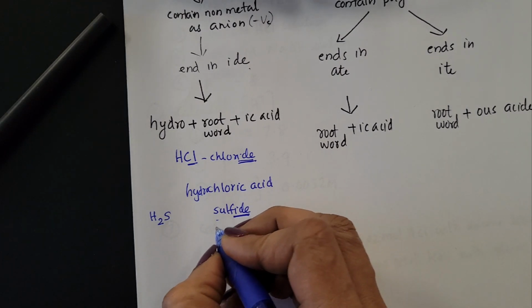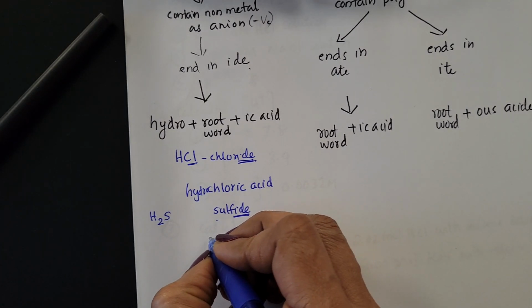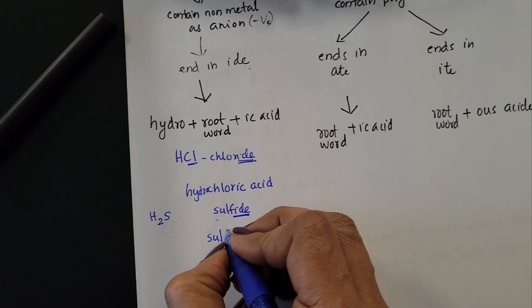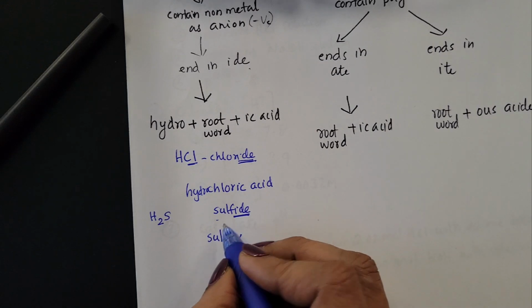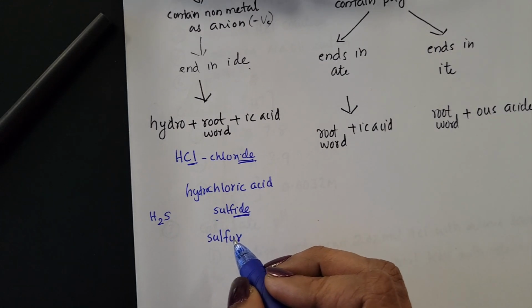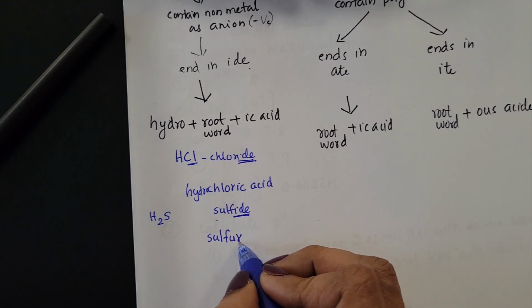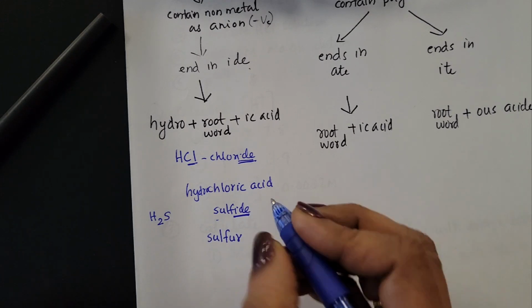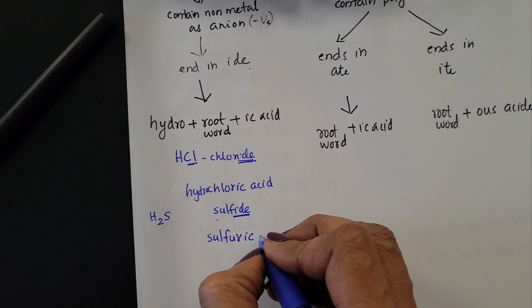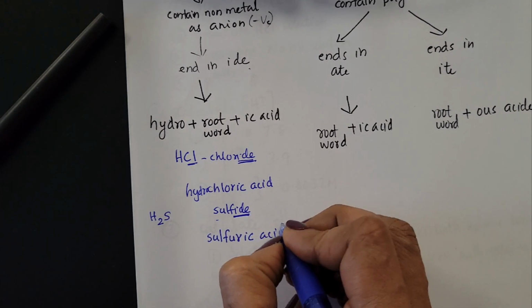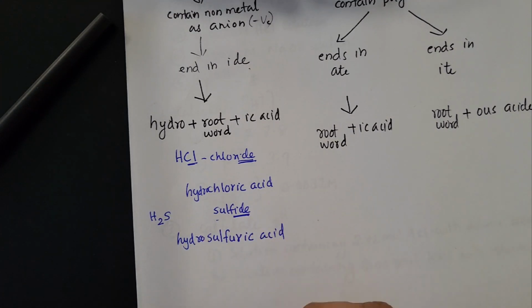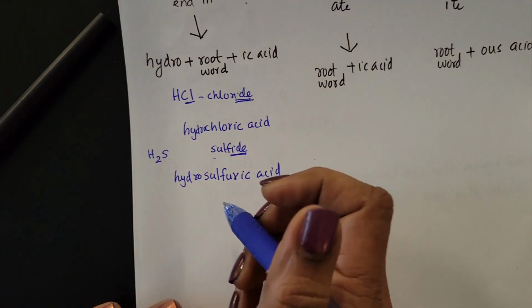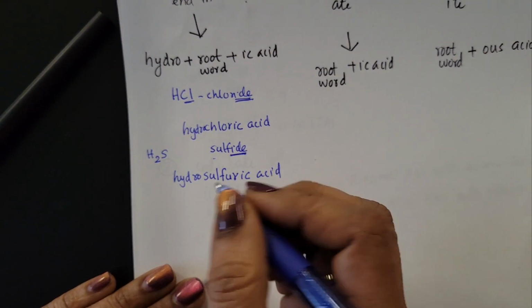But to make the pronunciation correct, the rule changes: whenever you see sulfur or phosphorus, you have to write the root word up to R, then add IC acid and add a prefix hydro. So that is hydrosulfuric acid. Same thing with phosphorus. Those are the only two exceptions.